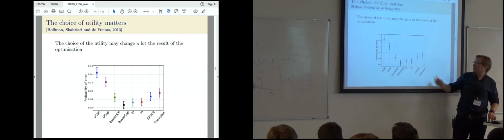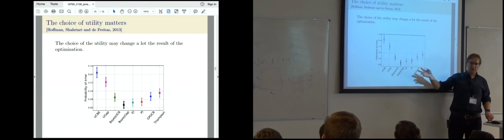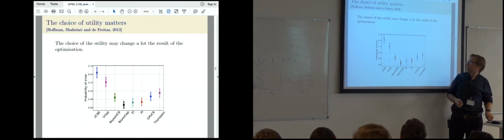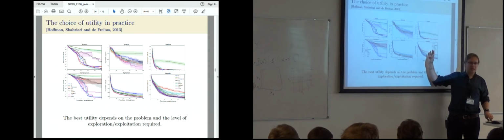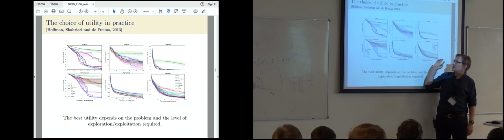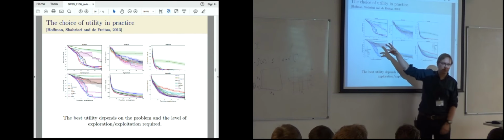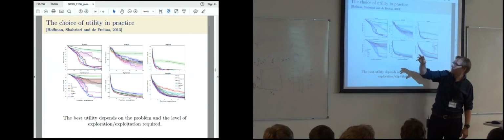Okay, so this is just a plot to show what I was saying before, that different acquisitions give you different performance, right? And if you see a Bayesian optimization paper, you typically have this type of figure. In these figures, the plot is not very clear. It's very small. I just want to give you a flavor of how you present results in Bayesian optimization.